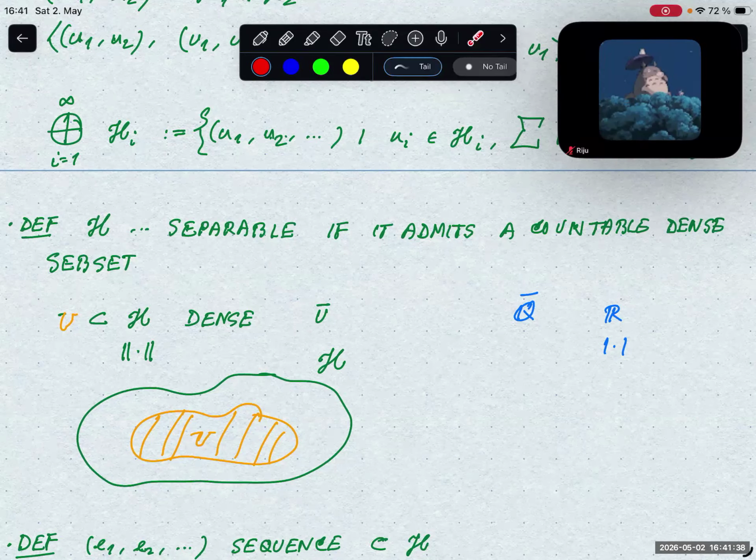Then you really need it. For instance, when I first studied Hilbert space, I never understood the difference between a Hilbert space and an inner product space, which sometimes people call a pre-Hilbert space. A pre-Hilbert space is precisely an inner product space.